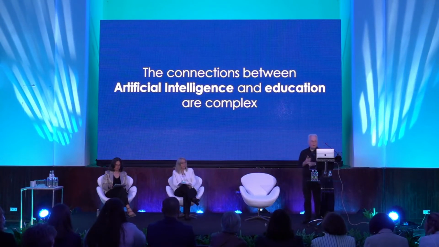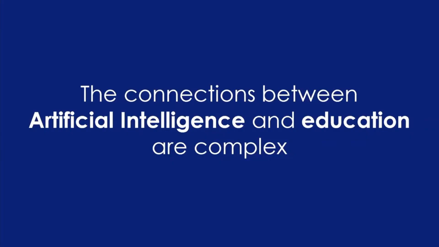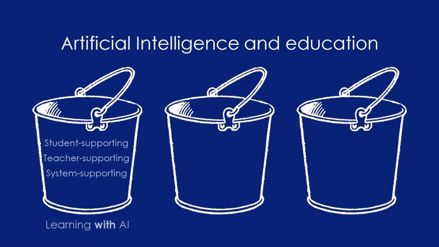So to help navigate that complexity, I'm first going to explore some of these connections in terms of 3 buckets. Breaking things down into simple things helps me. So my first bucket is learning with AI, which includes the student supporting, teacher supporting, and system supporting AI.